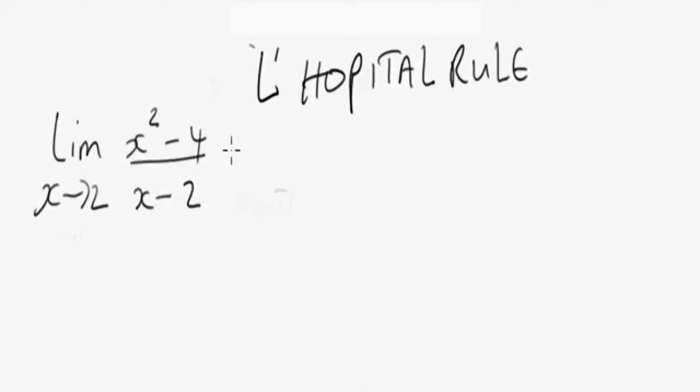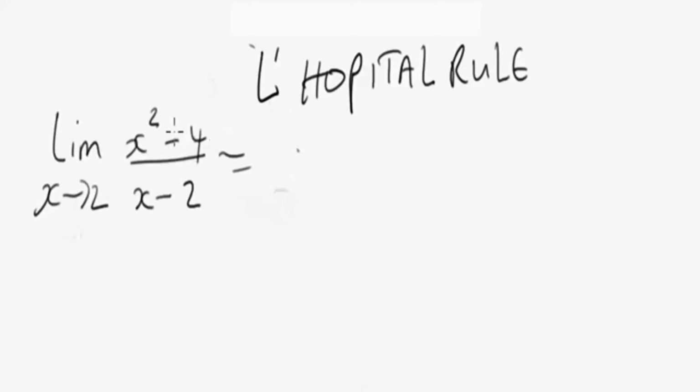Though factorization can work on this question, you can also use L'Hopital's rule to solve it. It depends on whichever one works. Out of the 3 rules, one has to work on the question. Sometimes 2 rules can work on a particular question. So for this question, L'Hopital's rule and factorization also work. Let's use L'Hopital's rule and do it.